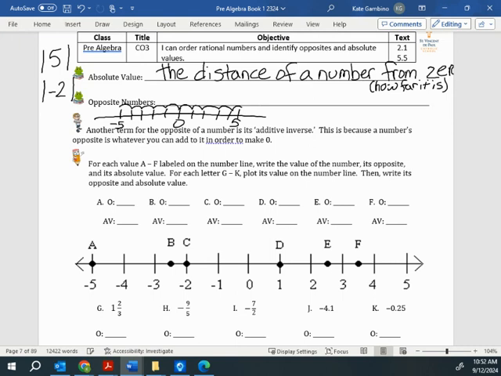The other key term that we need is the opposites. Opposites are numbers that are the same distance from 0.